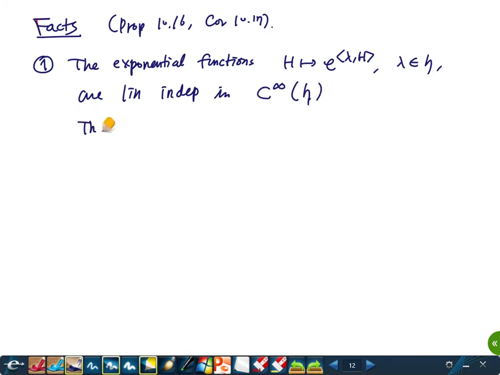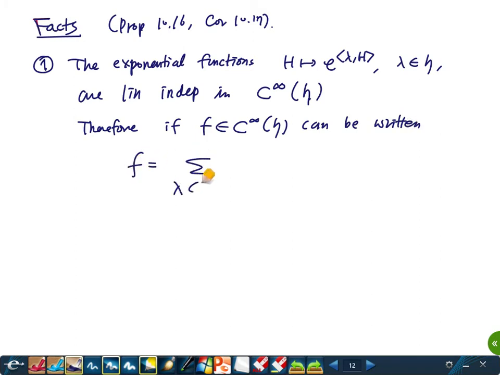That means, therefore, if f, a function inside this space, can be written as something like that, because the character is one of the functions like that, right? The character looks like that.